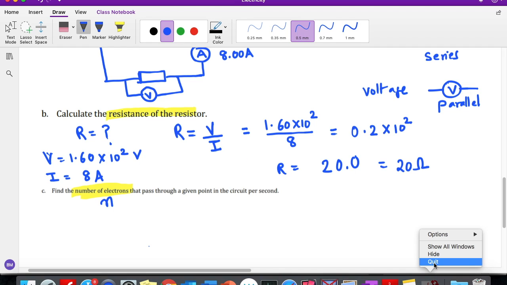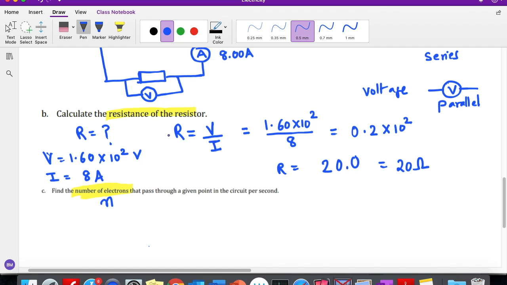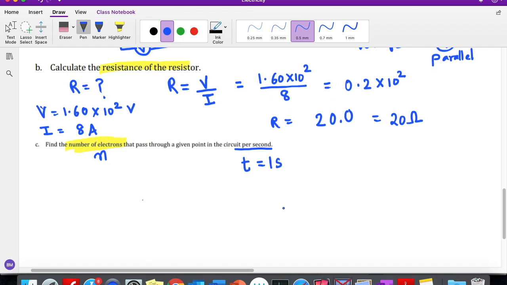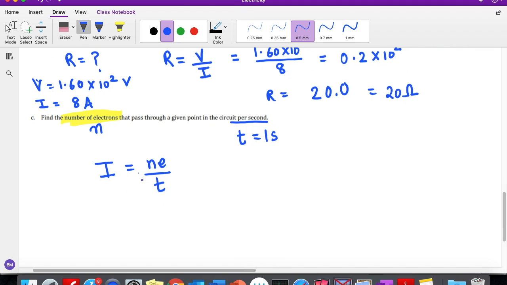Find the number of electrons that pass through a given point in the circuit per second. So per second means the time is equal to 1 second. Now the number of electrons comes in only one formula which we learned for current: I is equal to Ne over t. Because we want N, we will rearrange the formula.